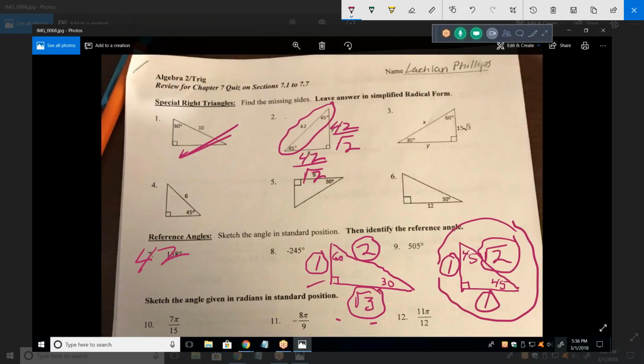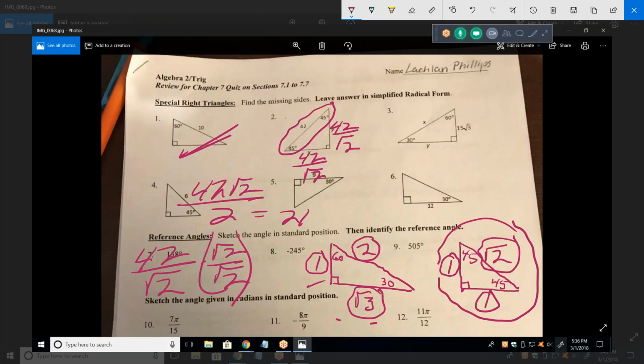You multiply both of them by √2, top and bottom. What you're really doing is just multiplying that fraction by the number 1. Notice that √2 divided by √2 is the number 1. You can multiply any fraction by the number 1 without changing its value. So we're not changing anything. It's just we get a different answer. We get 4√2 over 2, which becomes 2√2. So that's what our answer should be.